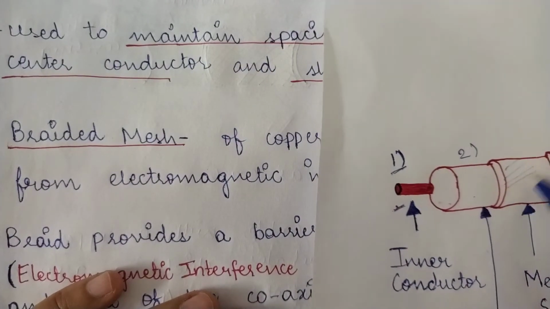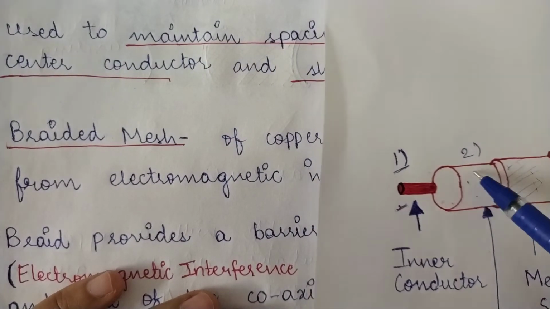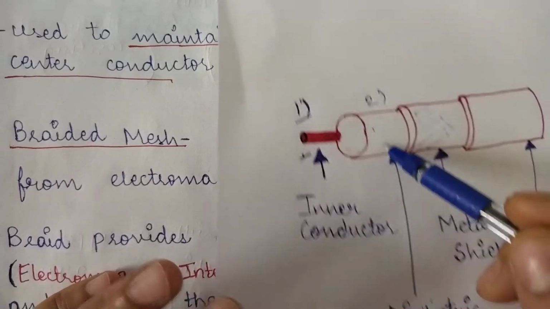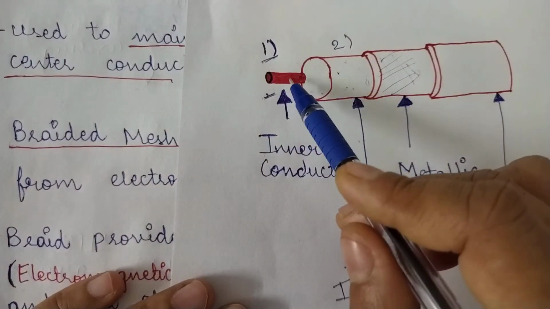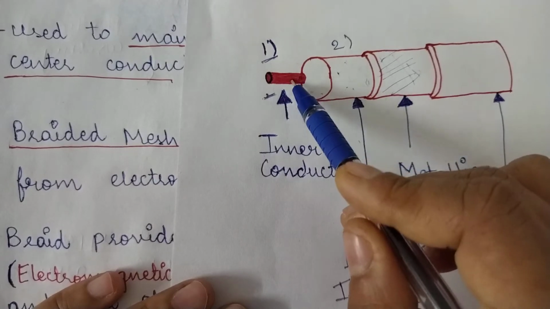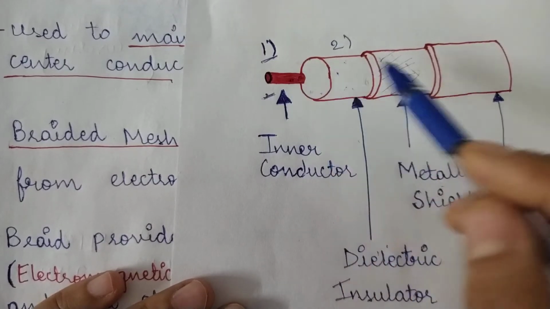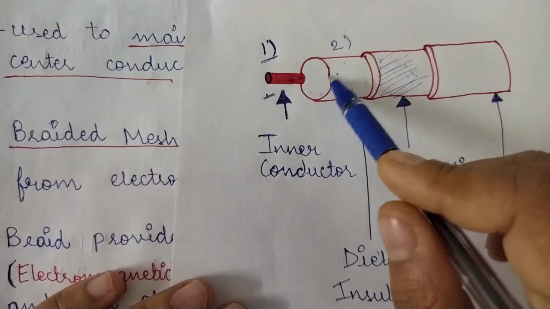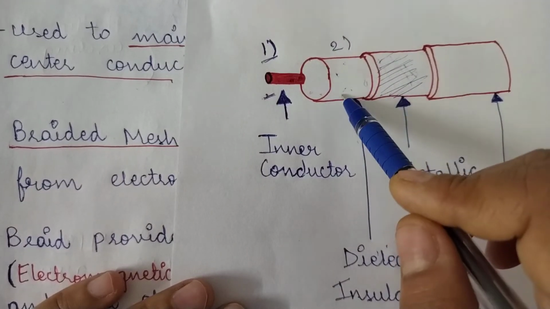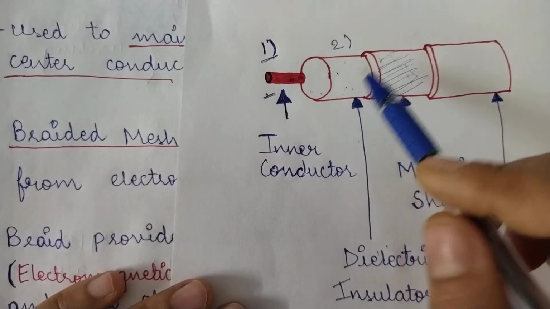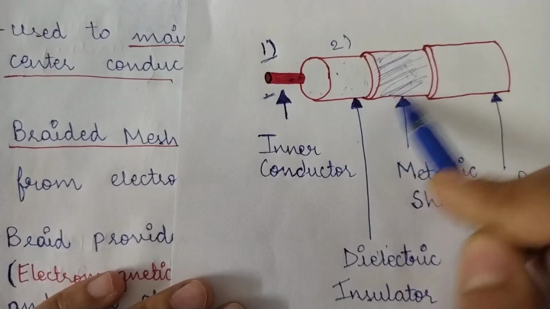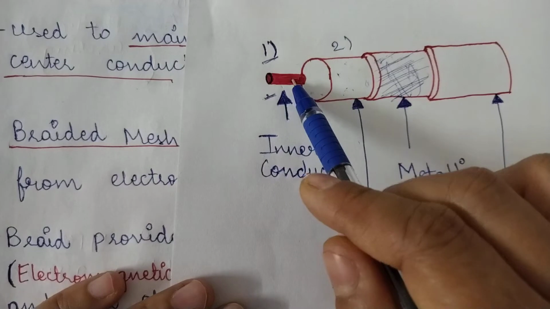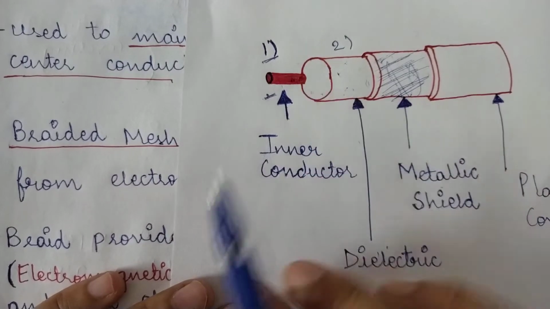This dielectric insulator provides spacing between the inner conductor, which is actually transmitting the data, and the braided mesh. First of all, in itself it is providing insulation, right? And then it further provides spacing between this braided mesh and this inner conductor.